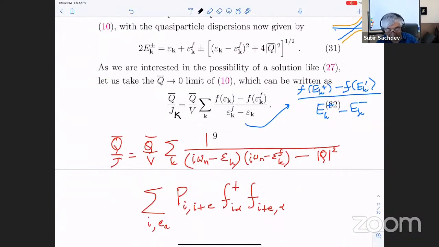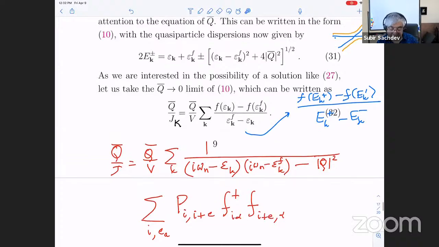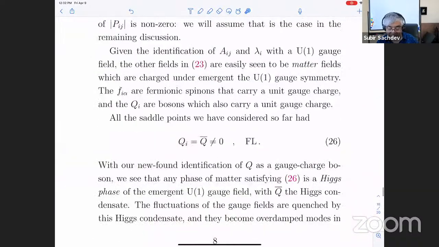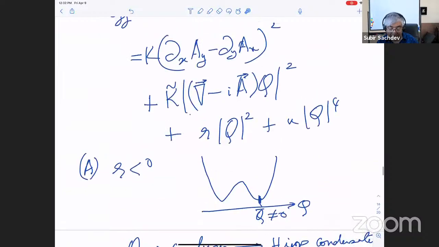So as J_K goes to 0, the left-hand side has its Q bar with a coefficient that blows up, whereas the right-hand side is Q bar times some number. So for small enough J_K, if the coupling to the conduction band is weak enough, Q bar must be 0. That's the only solution.